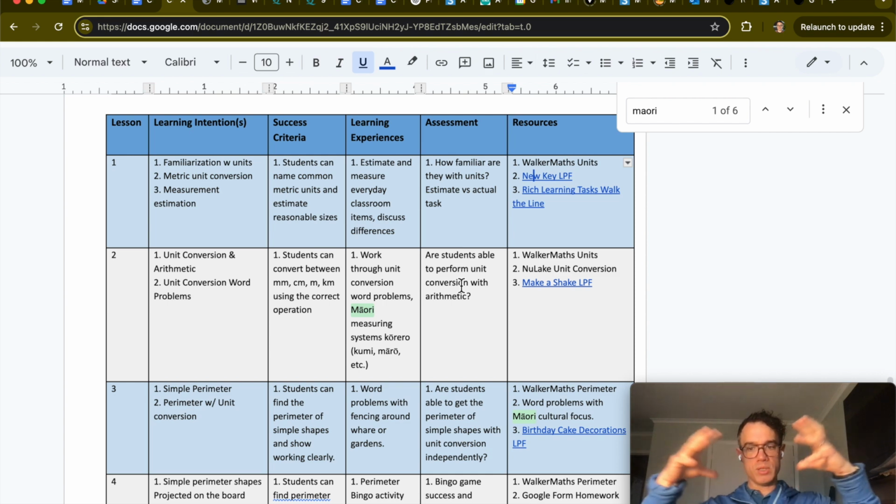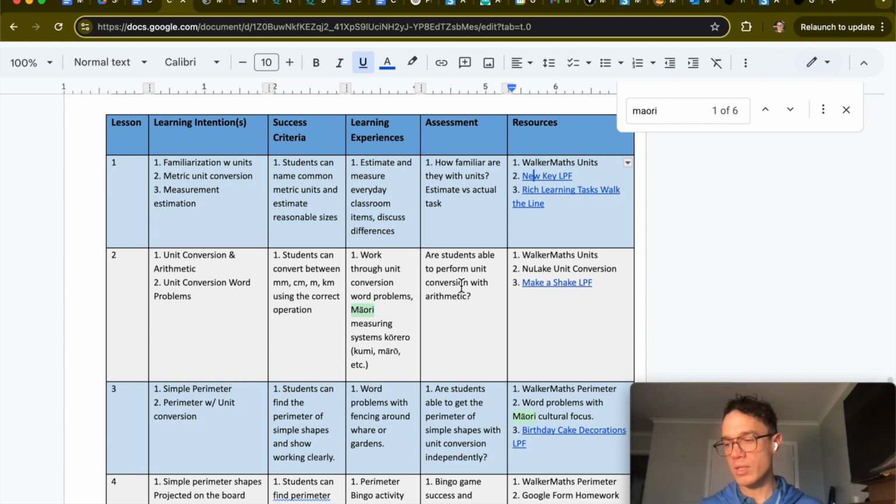And then you've got more of the loud, boisterous, moving around the room, crafting, creating presentations, something quite loud. We want to make sure we have all of those so the learners that benefit in all of those environments can have them. And we want to honor Maori measuring systems and ensure culturally responsive materials, as we mentioned earlier.